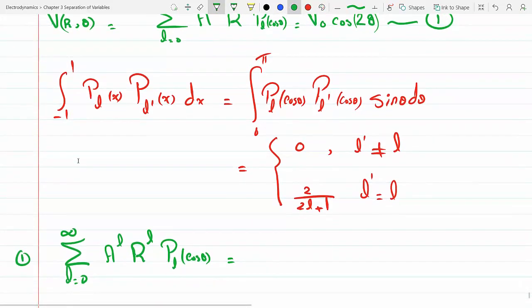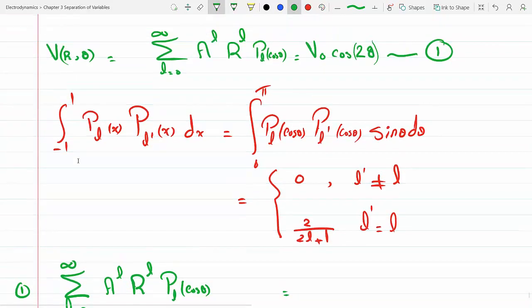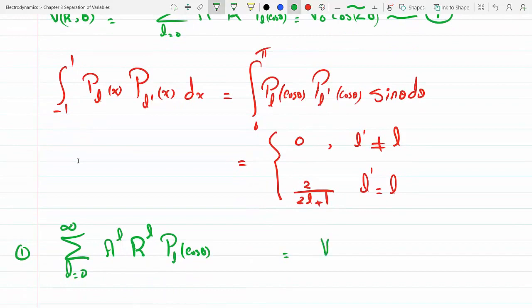And this is, okay, let me leave some space, and V0.